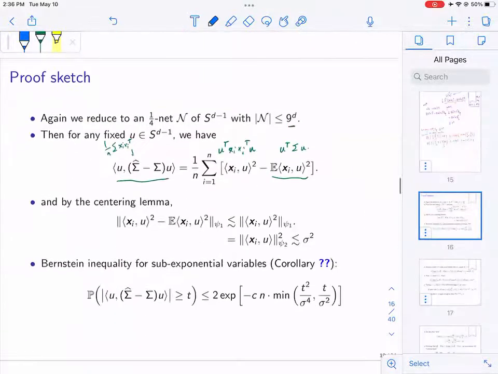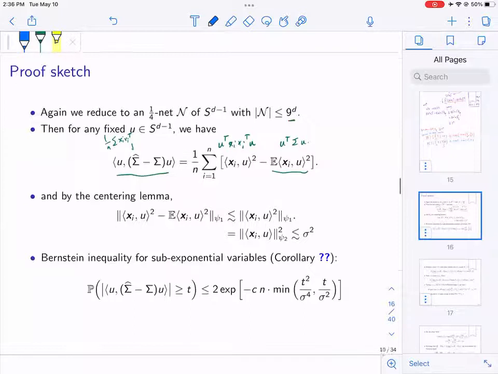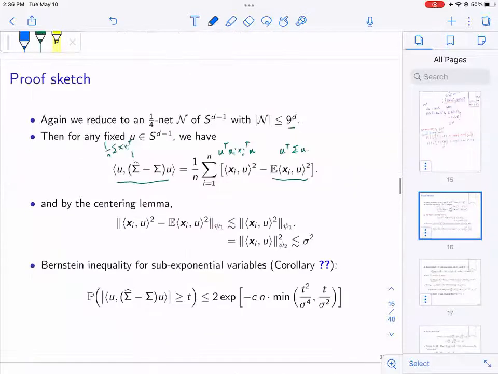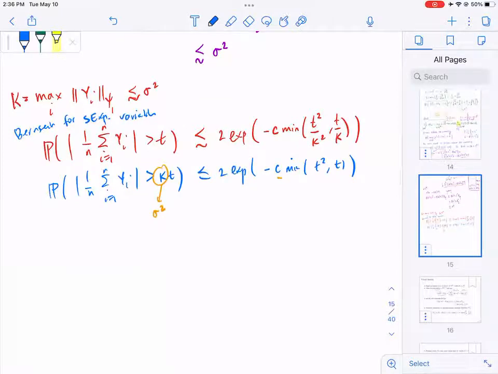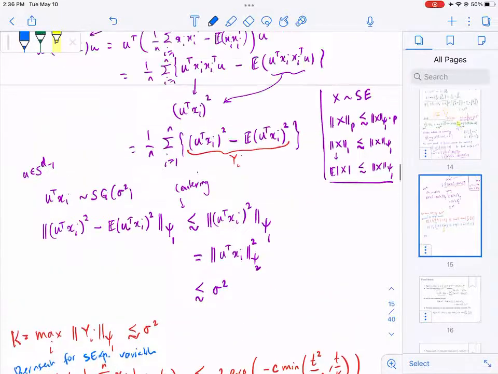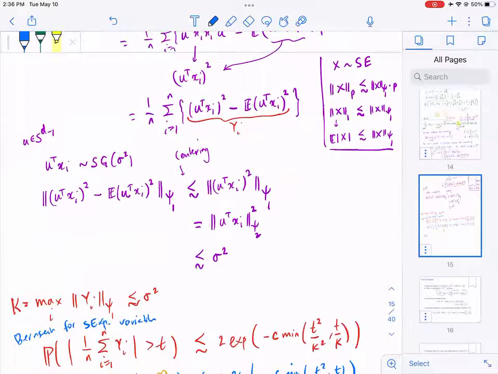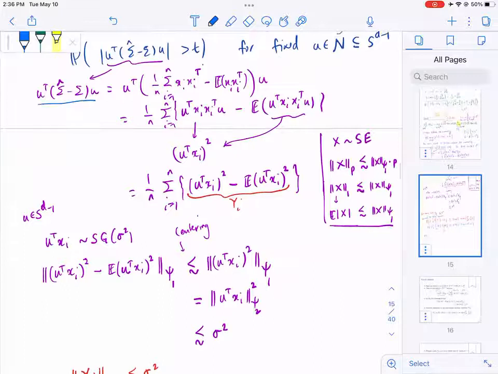So let's see. Yeah, let's do our own thing here. So what we have shown is the probability that, so recall this summation, this is just this guy, right? So the summation 1 over n, summation i from 1 to n of yi, is that quantity over there.